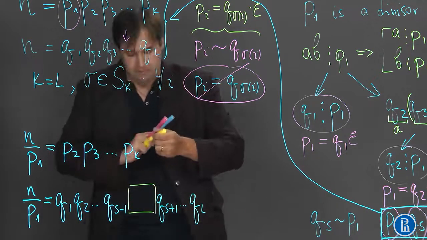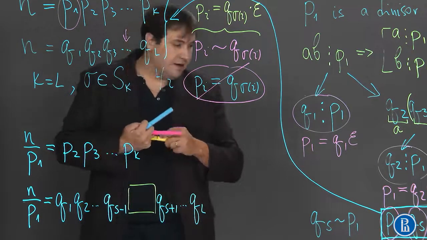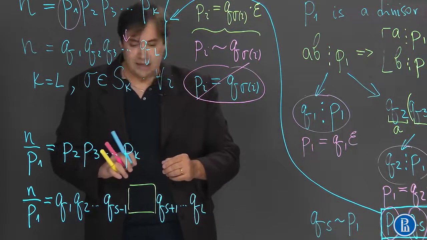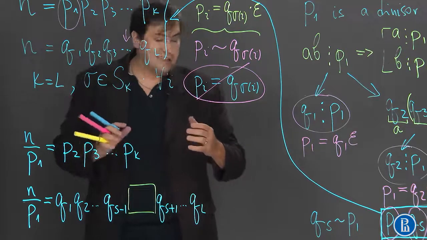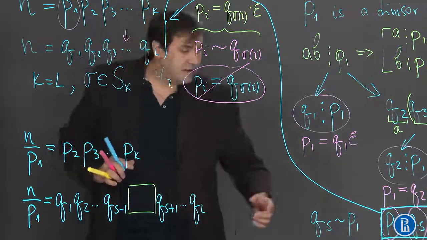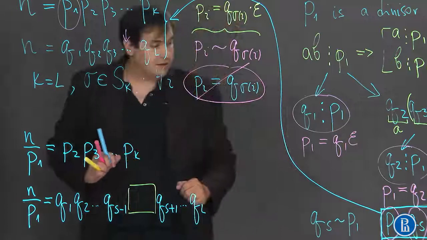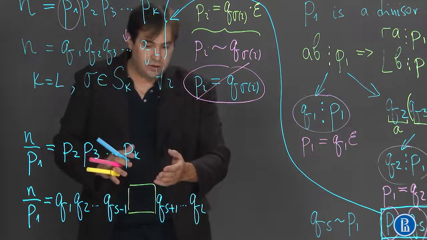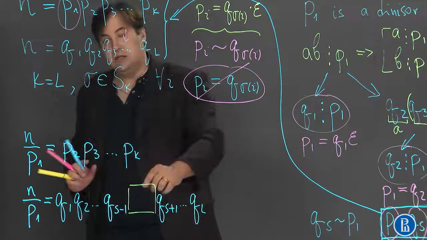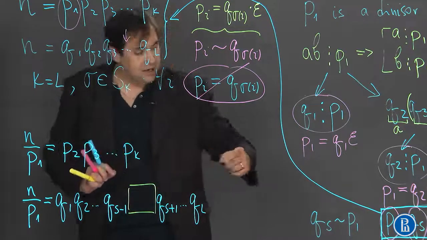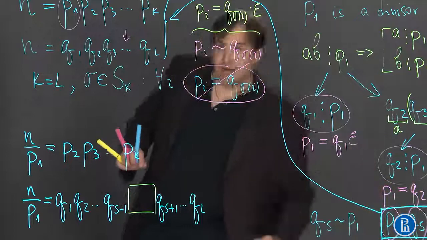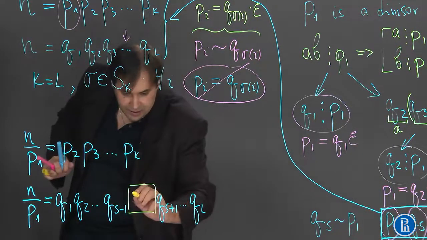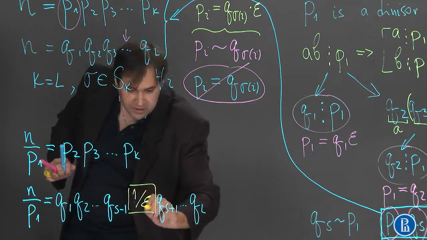Well, we understand that we divide everything by P1, and dividing by P1 is equivalent to dividing by Qs multiplied by epsilon 1. So here we had Qs, and now we divided it by Qs, and we also divided it by epsilon 1. So here we have something like 1 over epsilon 1.